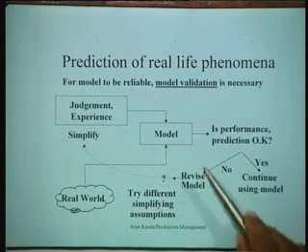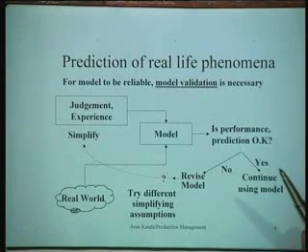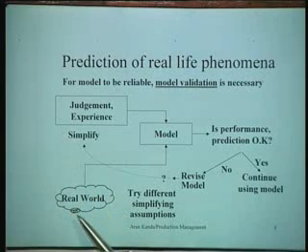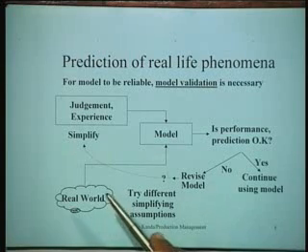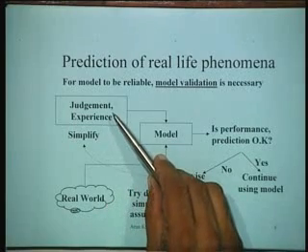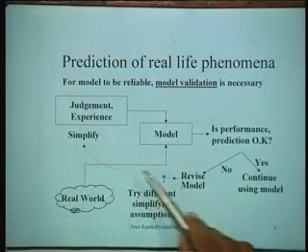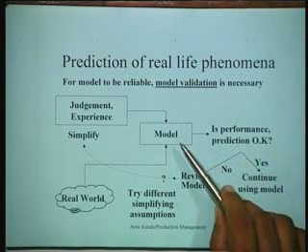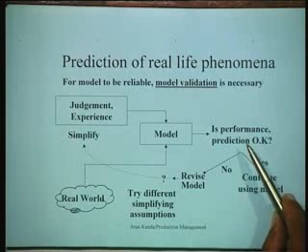This diagram summarizes the process by which you would make a model. There is the real world which you are interested in studying or capturing, and in order to study the real world, you might have to use your judgment and experience. On the basis of these two things, you come up with a model. And this model is then used for purposes of predicting performance of the real life system.